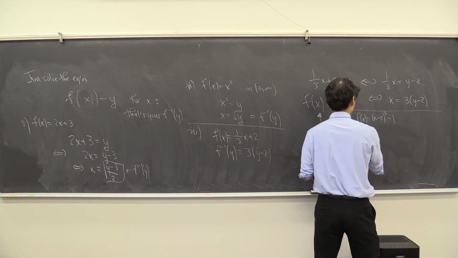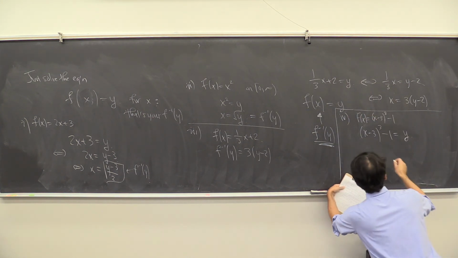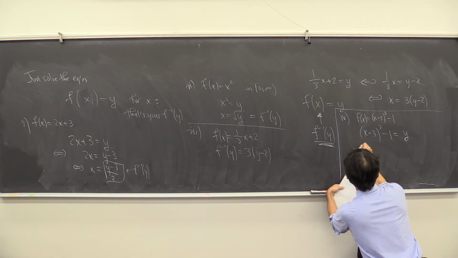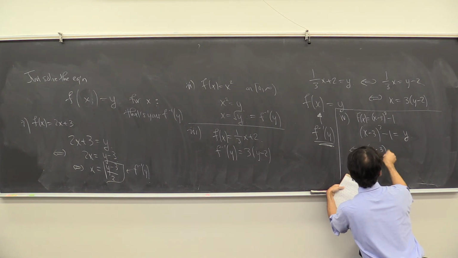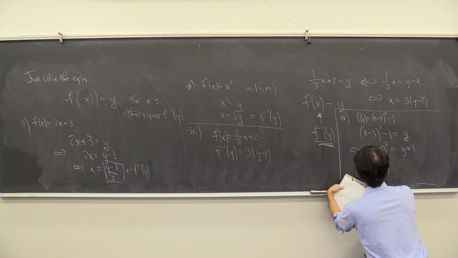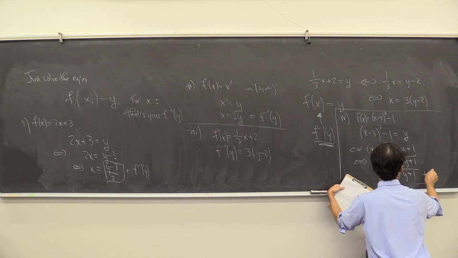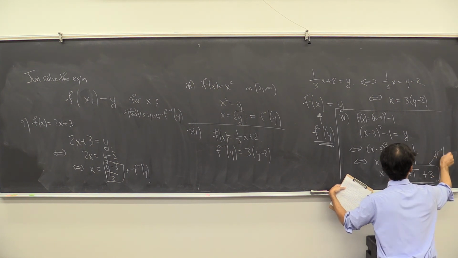So we're going to set this thing equal to y, and then solve for x. So we say (x minus 3) cubed equals y plus 1, and then we take the cube root of that: x minus 3 equals the cube root of y plus 1, and then we add 3 to that. So we get the cube root of y plus 1, plus 3. So that's going to be our inverse function.